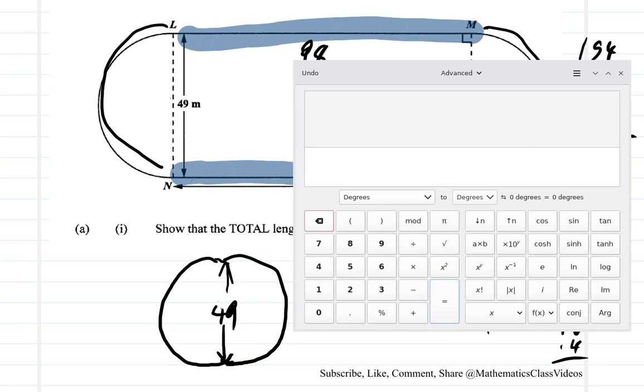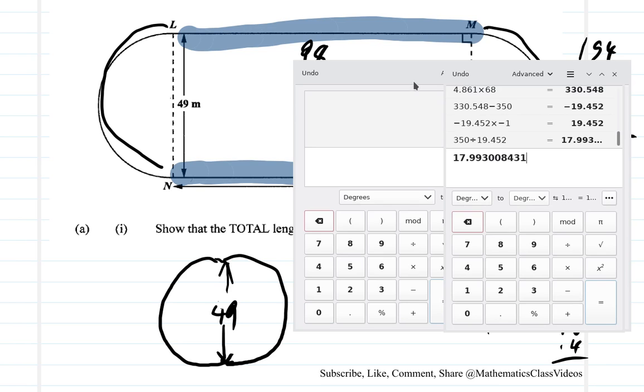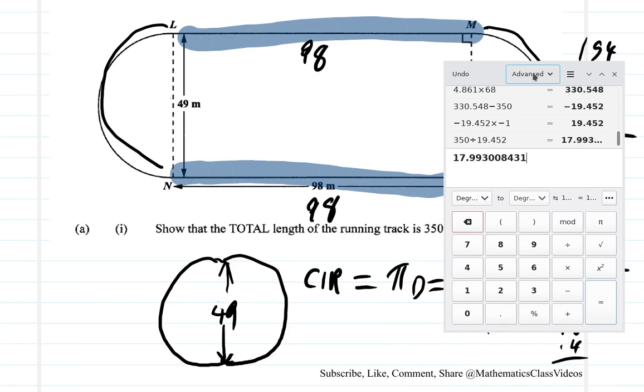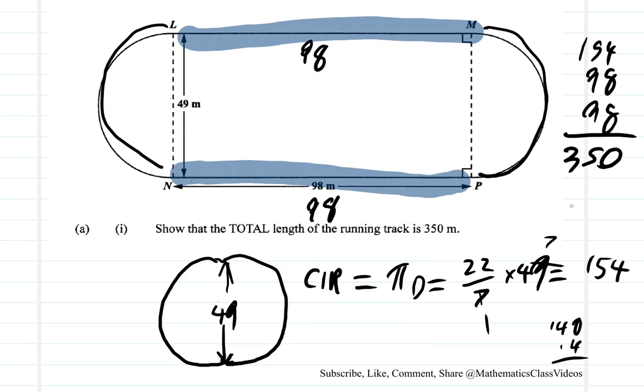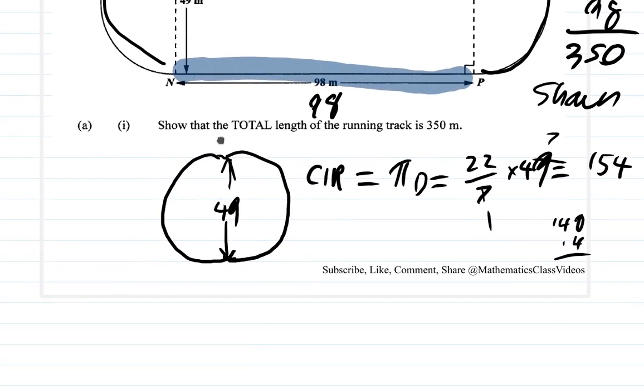our mathematics. Let's get rid of this. So what we have is 154 plus 98 plus 98 equal 350. So we get our 350. So that is shown. All right, that's shown. So remember now, you would write all of that down here.